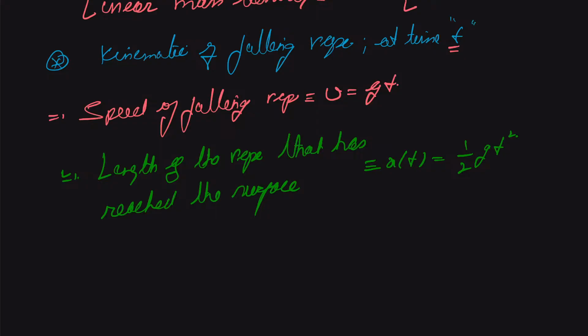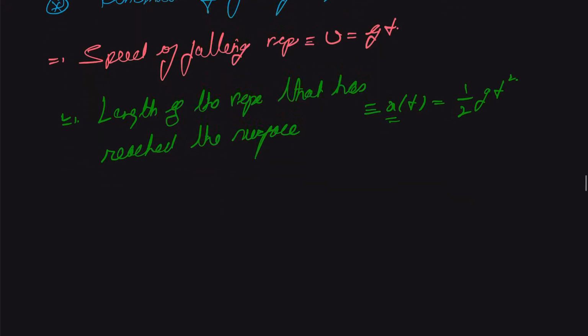And the rope will finish falling when this value of x is equal to the total length of the rope.